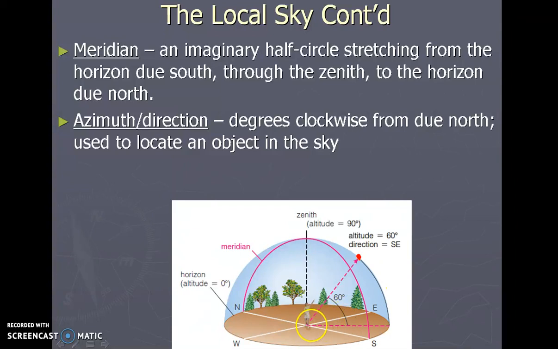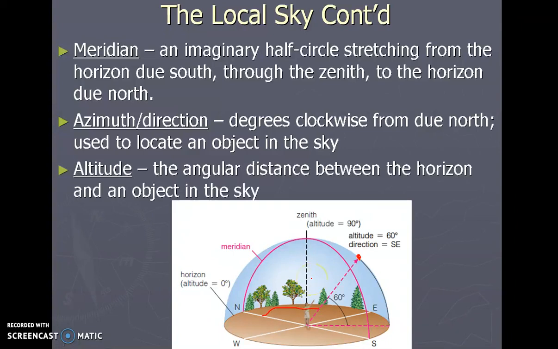So from due north, that object is southeast. Next, we have the altitude, and that's the angular distance between the horizon and an object in the sky. So that's what this 60 degrees is right here.